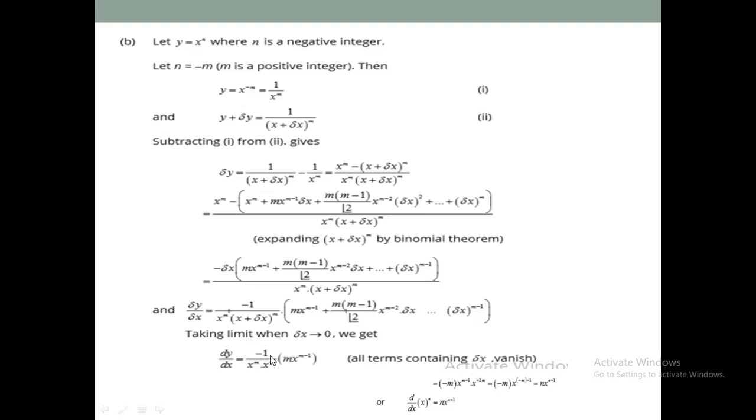Now the power and base are the same, so the denominator power is subtracted from the numerator. Now because minus m is equal to n, therefore at the end we have the same answer, n x to the n minus 1.